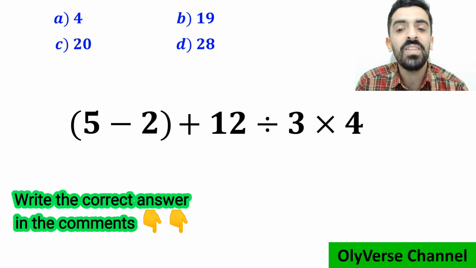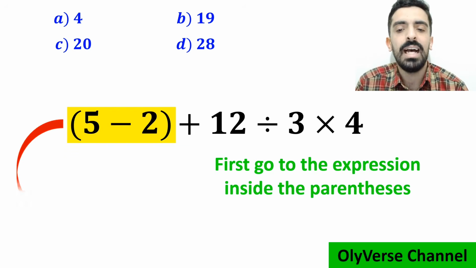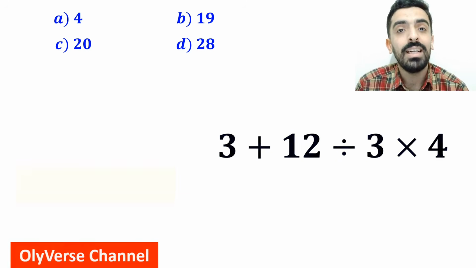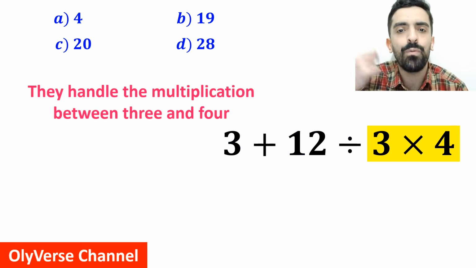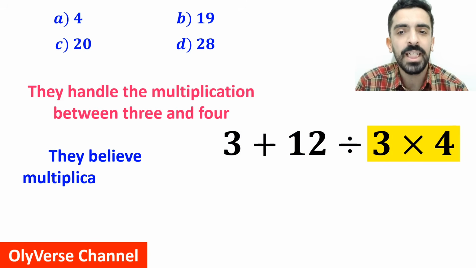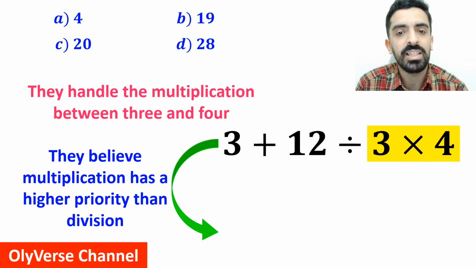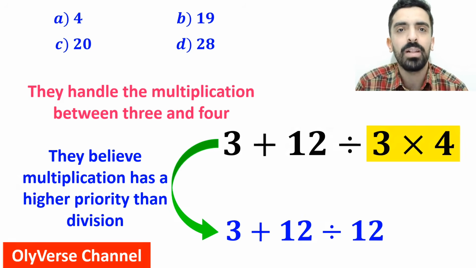Also, some other people when solving this question first go for the expression inside the parentheses and write this expression as 3 plus 12 divided by 3 multiplied by 4. In the next step, first they handle the multiplication between 3 and 4 because they believe multiplication has a higher priority than division. So, they rewrite this expression as 3 plus 12 divided by 12.